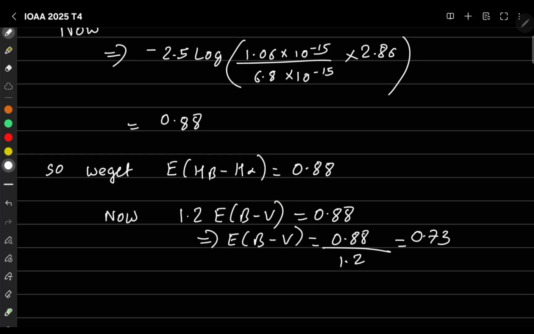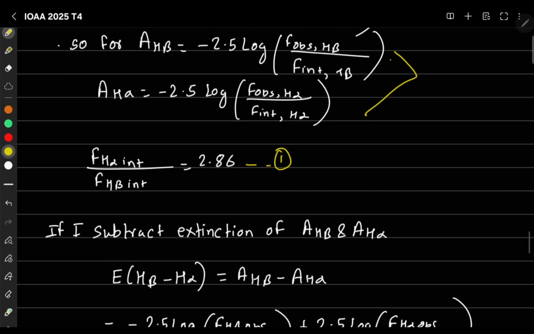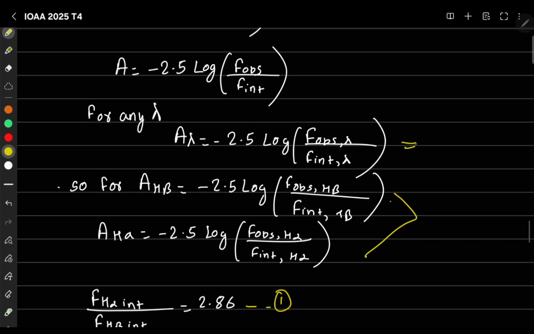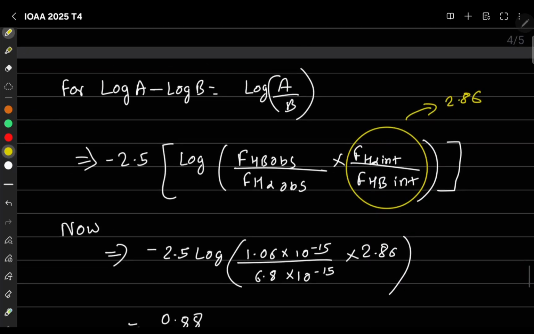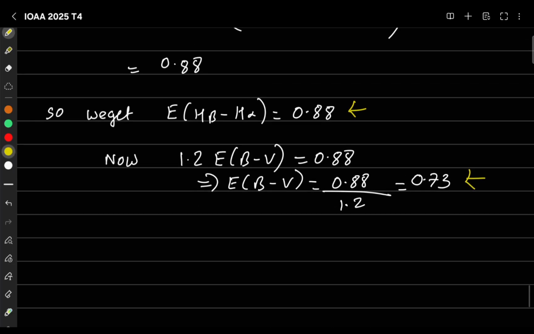Now we have two different equations. This has been provided and this has been provided. My question says that we need to find the extinction. This is the value I need to find. But we found E_Hβ and then E(B minus V).